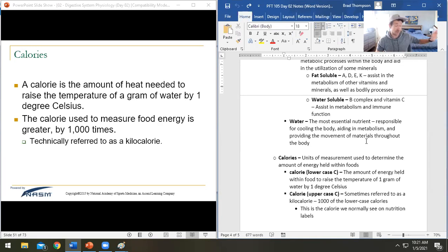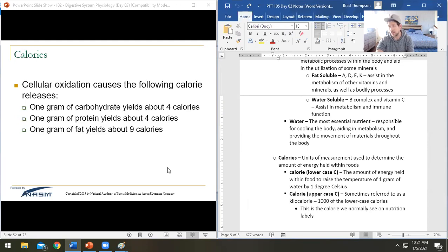And then I'm going to turn it into playing spike ball with my roommates later today. So a calorie is used to measure the energy within foods, right? And so when we talk about how many calories something has, we are talking about how much energy there is trapped within it.